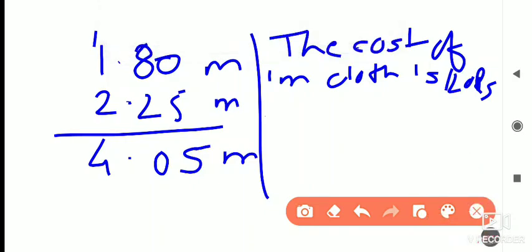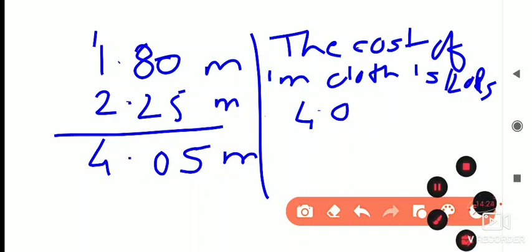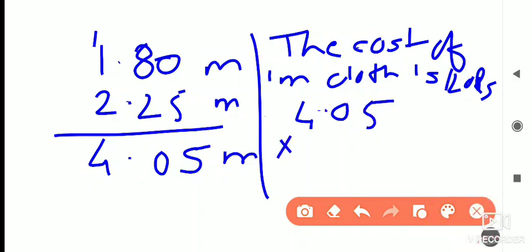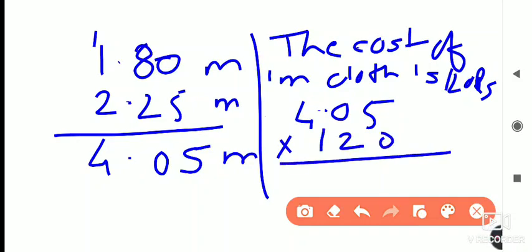Then the cost of 4.05 meter cloth is 4.05 times 120. When you solve this example, you will get the answer 486.00. I will tell you how to do the multiplication inside, but now here, how to give the point.